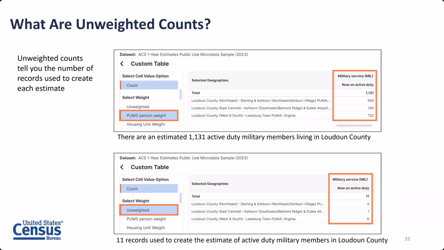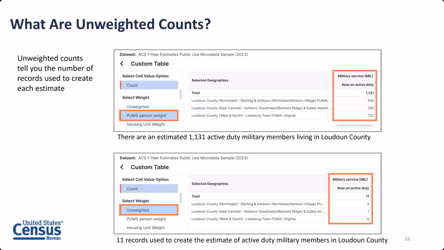And if I change on the left-hand side from person weight to unweighted, it tells me that 11 records or 11 edited, anonymized survey responses were used to create this estimate.